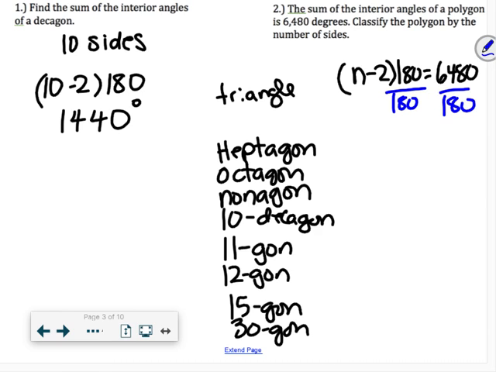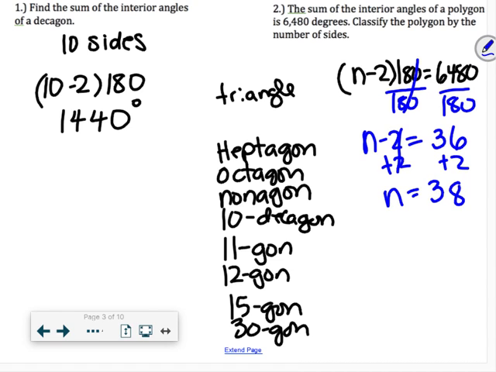Can you help me out with the calculator here? 6,480 divided by 180. 36. And then I would get my n by itself. I would add 2 to both sides. Again, an answer. This is 38. So that's how many sides this is. This is a 38-gon.